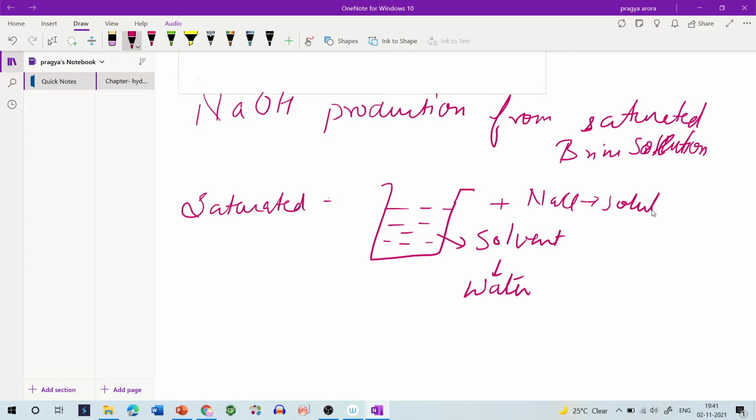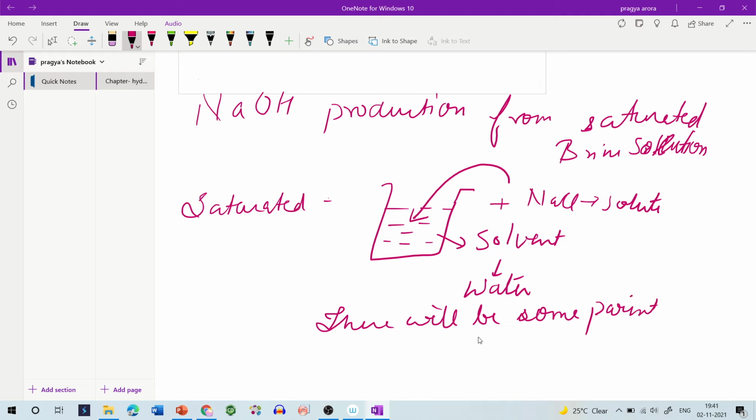You are adding salt to this water. There will be some point where the salt won't dissolve in the water, rather it will start sitting at the bottom of the container.